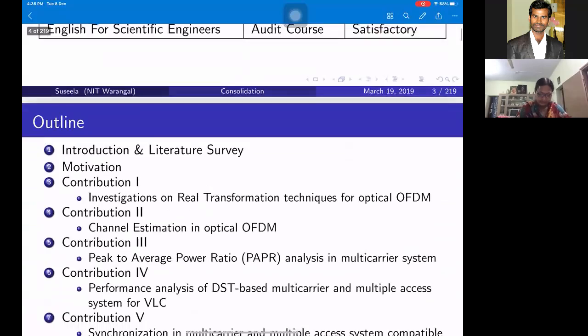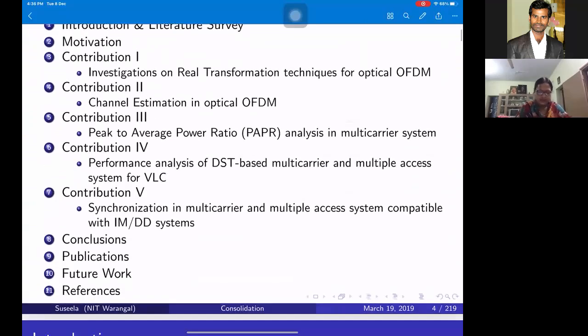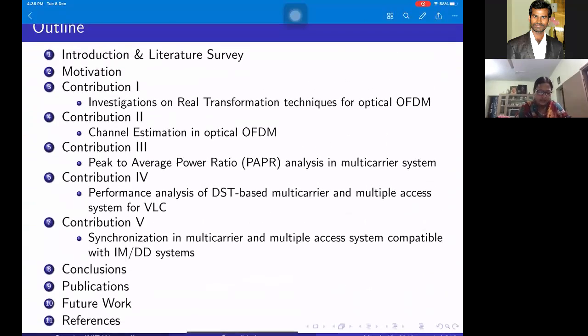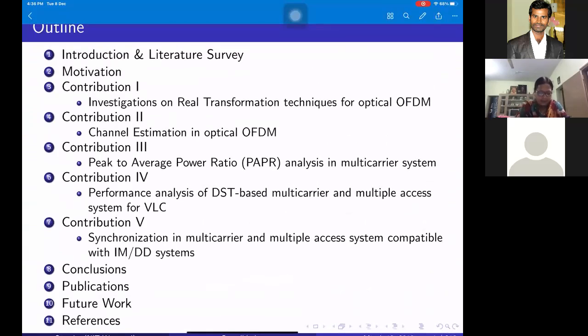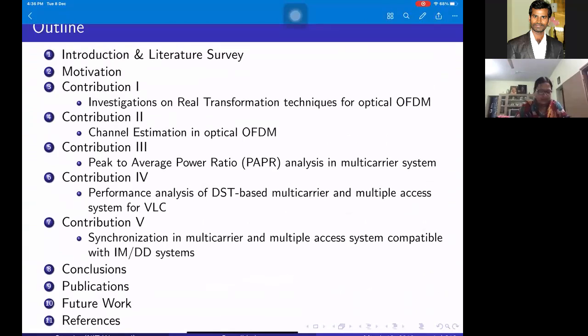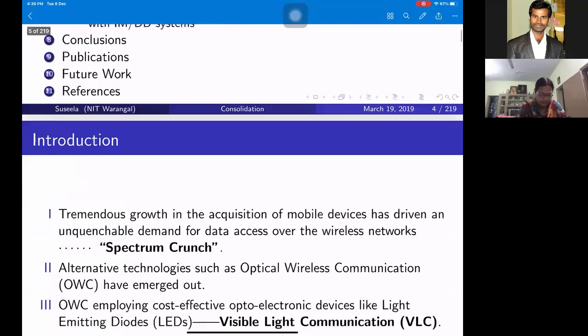Okay, ma'am. So my student has done a lot of work in visible light communication. She published on channel estimation in optical OFDM, and she also covered peak to average power ratio analysis in multi-carrier systems, performance analysis of not only IFFT and FFT blocks, we also use discrete cosine transforms and discrete sine transforms for your multi-carrier communication links.